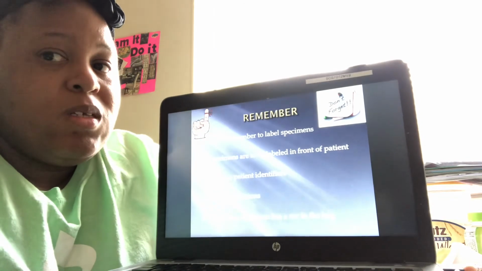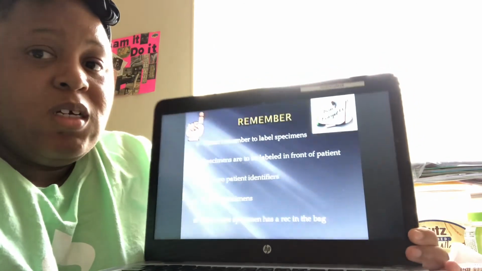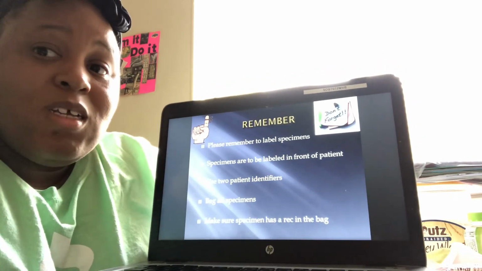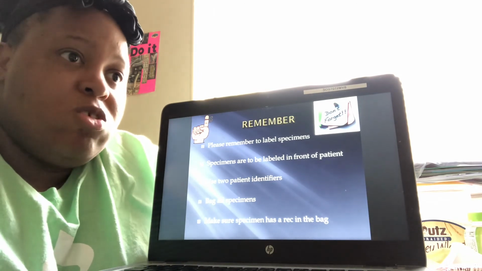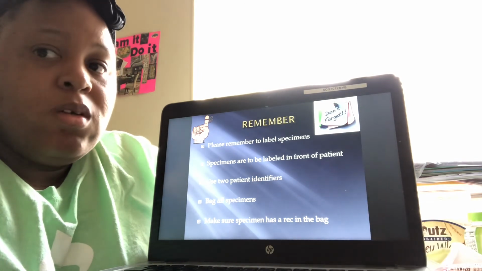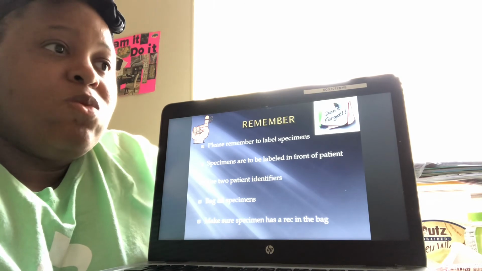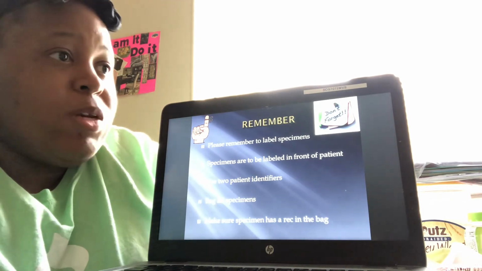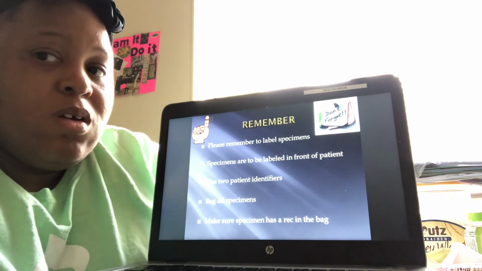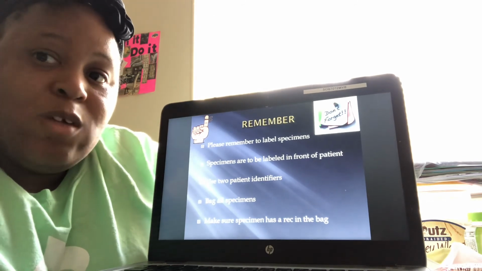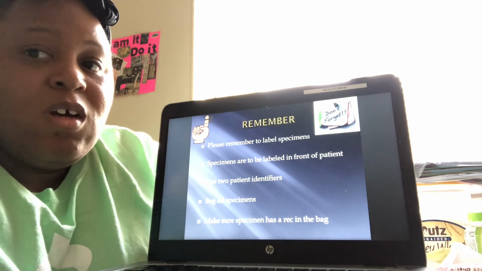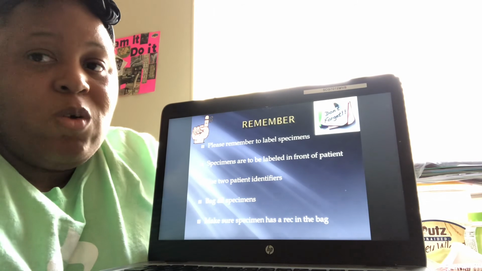Bagging all specimens. Bagging all specimens to make sure that there is no spillage. You can't just send a specimen loose. Bag the specimen, especially when taking more than one down, instead of just handing tubes, as at the hospital I used to work at that didn't have a suction system or somewhere where you could put it.